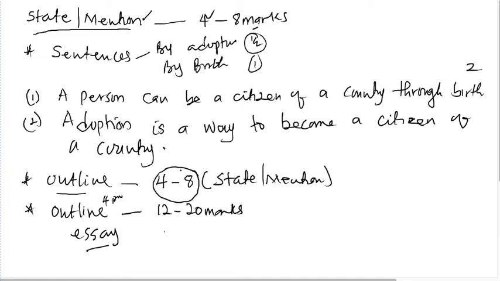The marks will tell you the length of your answer. If the marks attached to it are 4 to 8, then it is a state question. If the marks are more than that, 12 to whatever, then you have to write an essay question.